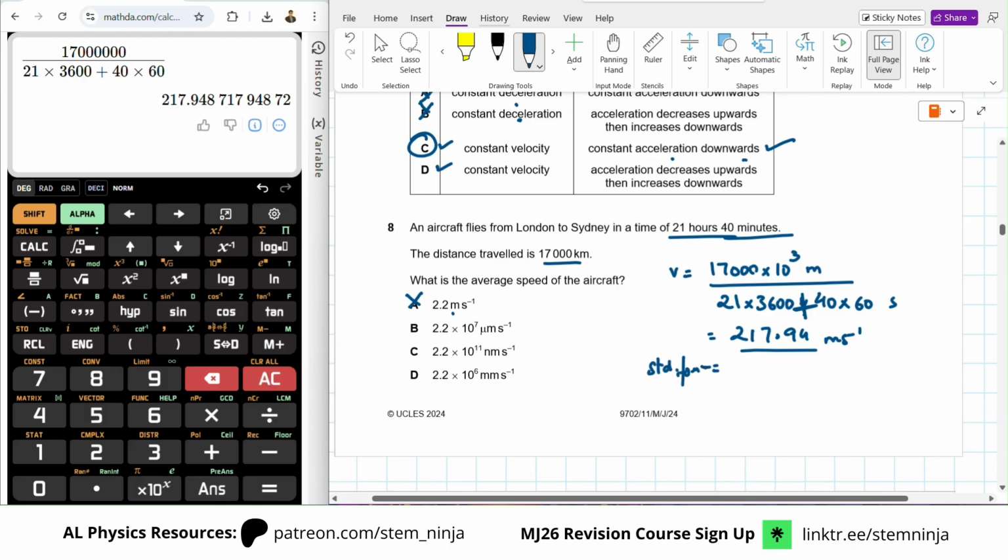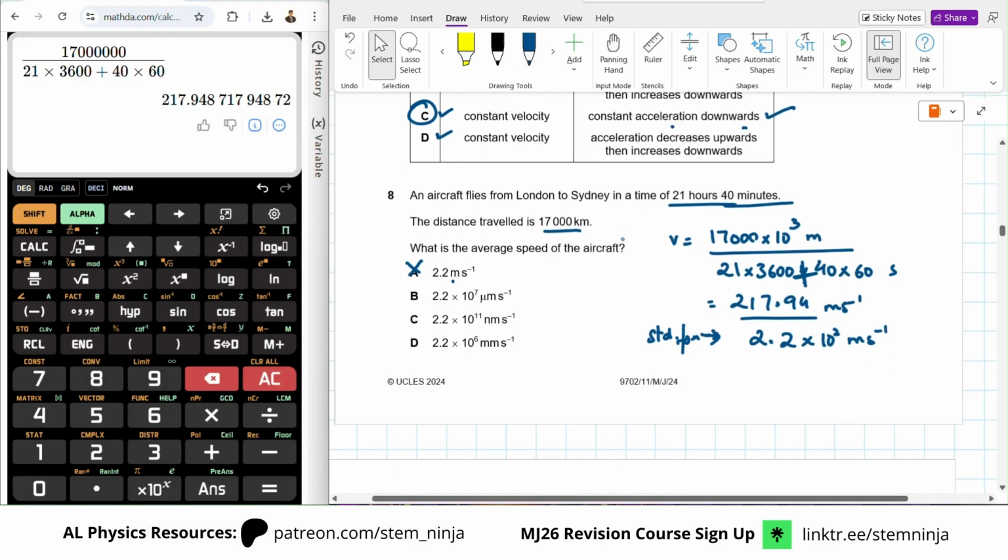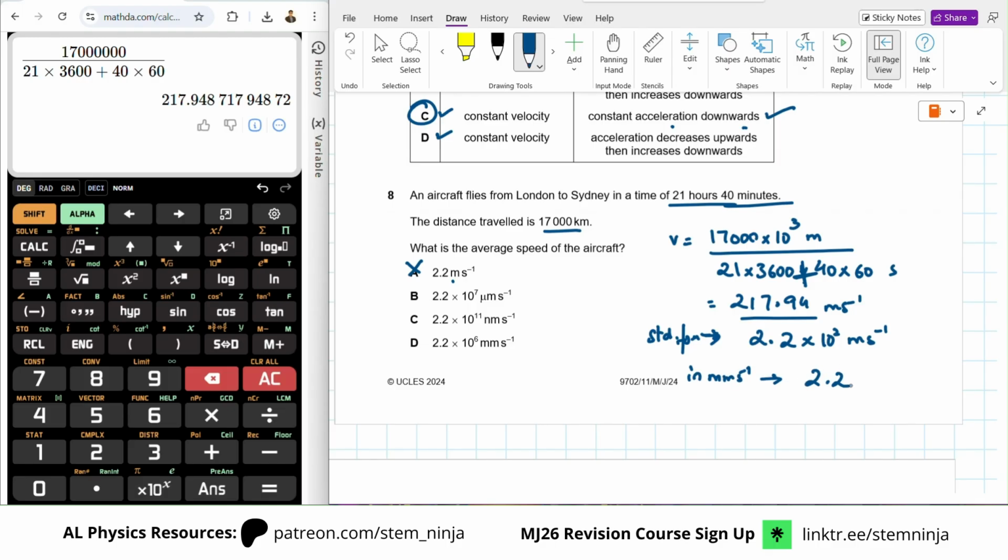So standard form would be simply roughly 10 raised to power 2 meters per second. Now we can convert it into millimeters, nanometers. So in millimeters per second, this would become 2.2 times by 10 raised to 2 plus 3, this would be 5 millimeters per second.